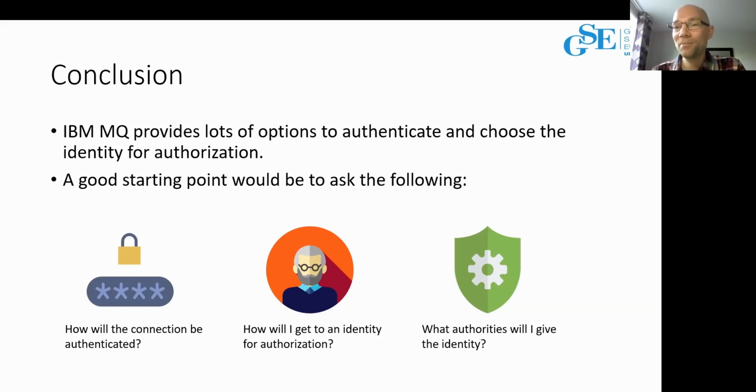Then how are you going to map that identity that you've just authenticated onto a user or user ID that you will be able to use to grant authority to access certain objects, so that your application is able to do the things that it needs without doing the things that it shouldn't be doing. And finally, that last step of which authorities exactly does that application need. You need to grant it the ability to do things that it should be doing without granting it the ability to do any more than that.